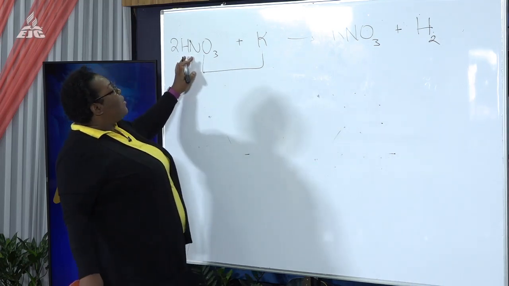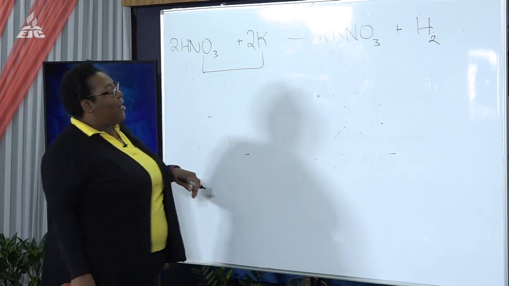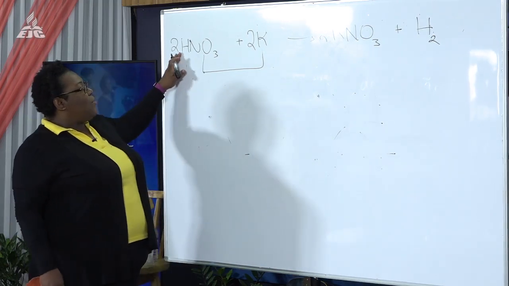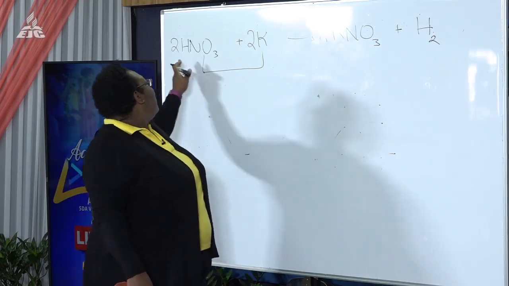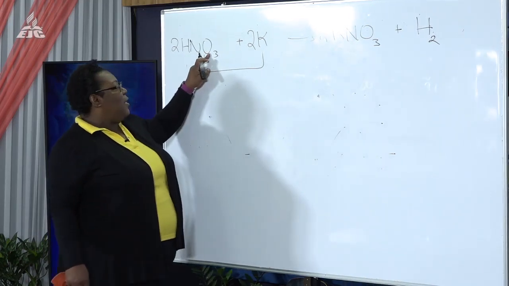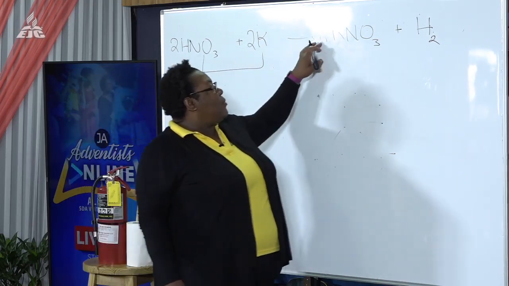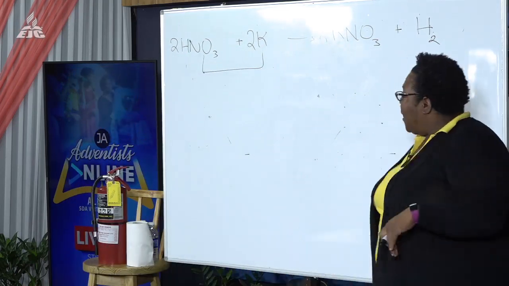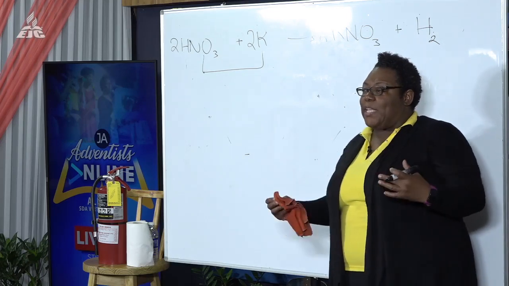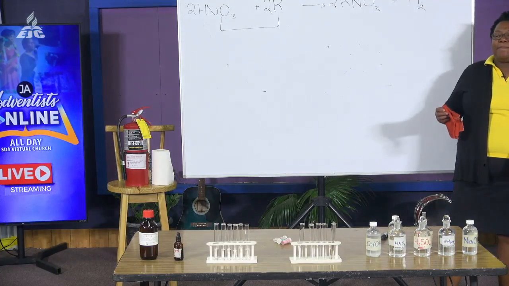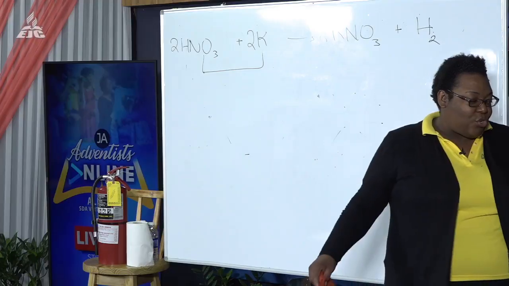But now I need to do something else to balance my equation. Now everything is balanced. 2 hydrogen, 2 hydrogen, 2 nitrogen, 2 nitrogen, 6 oxygen, 6 oxygen, and 2 potassium atoms, 2 potassium. Very good. All right, so we said when we react an acid with a very reactive metal, we have forming a salt and hydrogen gas.